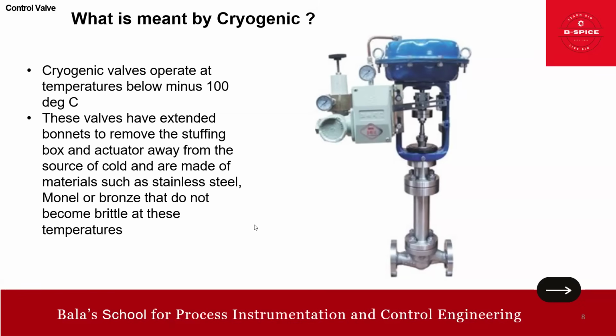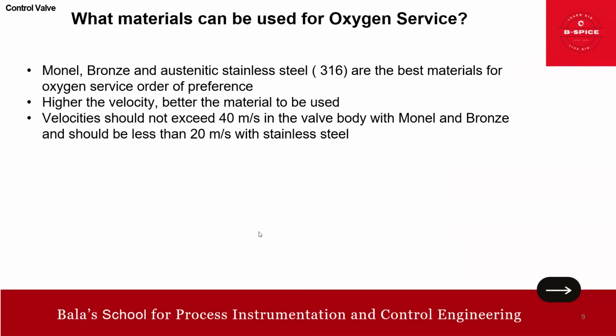Monel, stainless steel. Okay. Now, what material can be used for oxygen service? Monel, bronze, austenitic stainless steel, that's 316, are the best materials for oxygen service. This is the order of preference. First choice is Monel. Higher the velocity, better the material to be used.